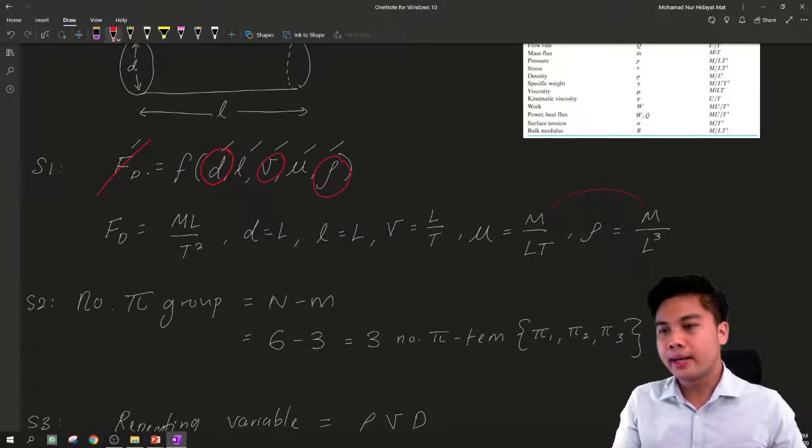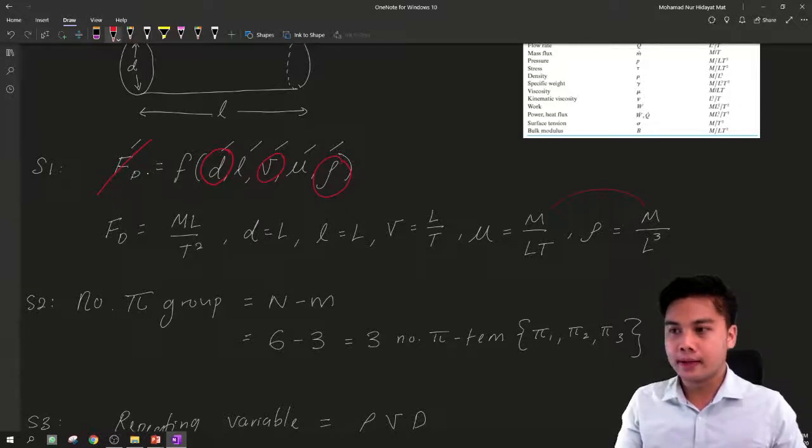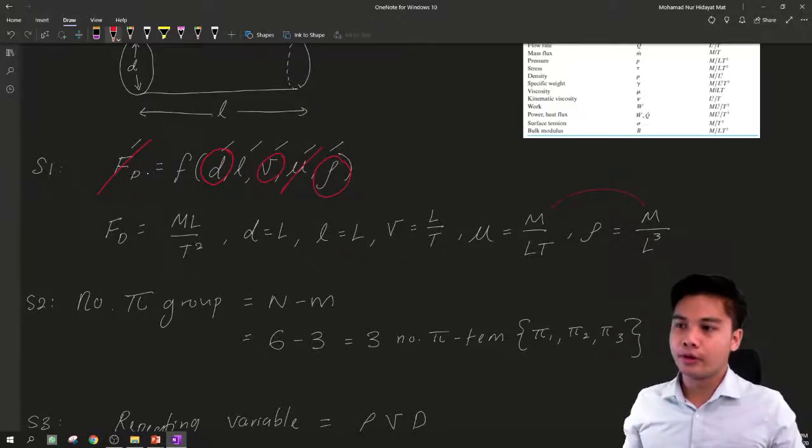So the first pi term we used F D, so we will not use this anymore. And then we're going to use this one, L, or we can use mu as well. So let's use mu. Alright, a combination of the repeating variables with mu.